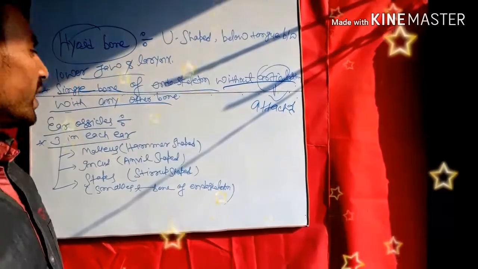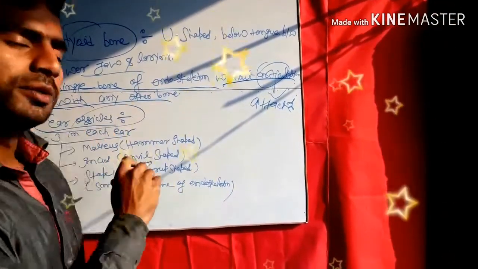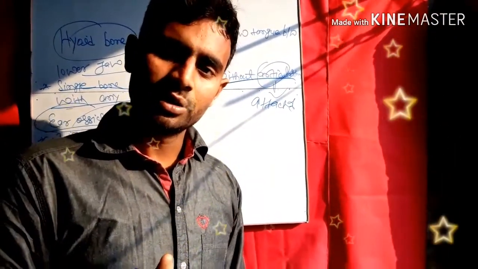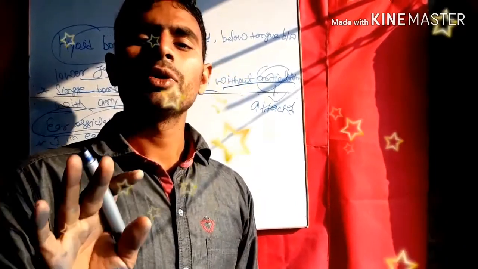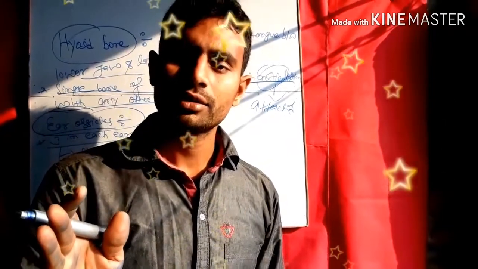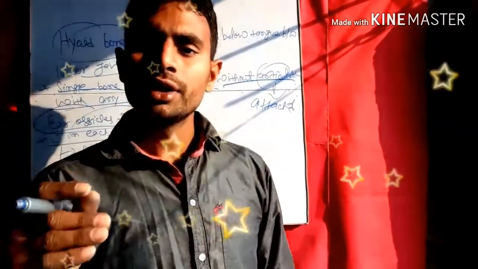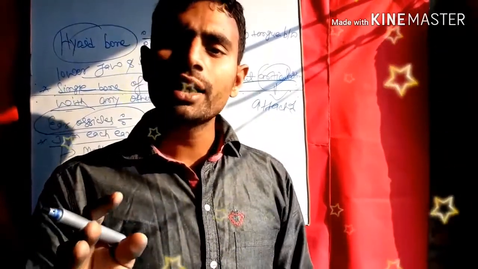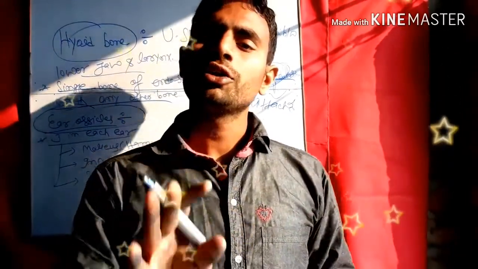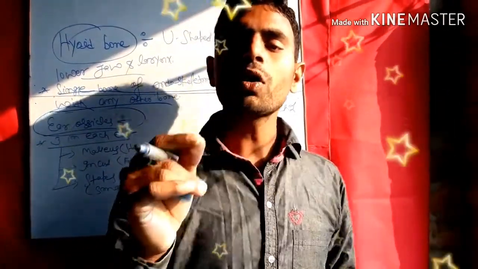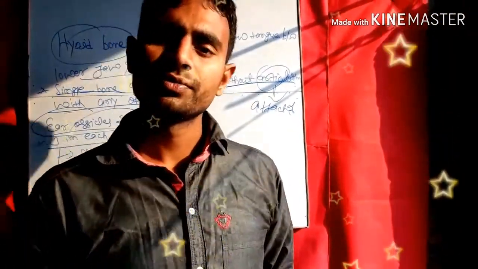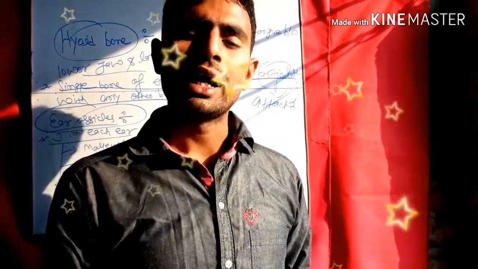Second, then about the ear ossicles. Ossicles means bone. This means the ear bones: in one ear 3 bones are present, and including both ears 6 bones are present. So in the ear ossicles the number of bones is 6: malleus, incus and stapes.